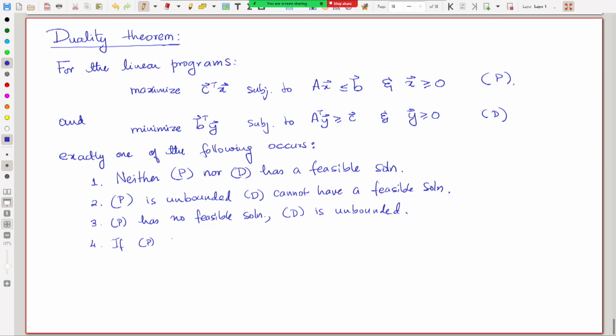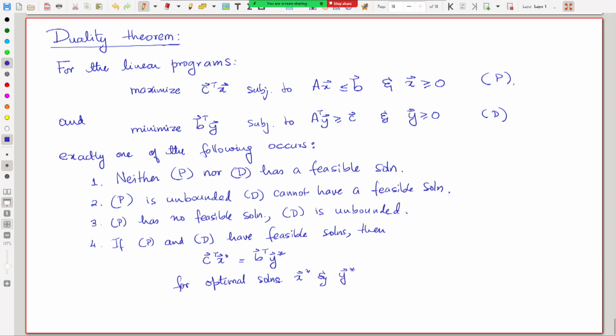If both P and D have feasible solutions, then c transpose x star equals b transpose y star, for optimal solutions x star and y star.